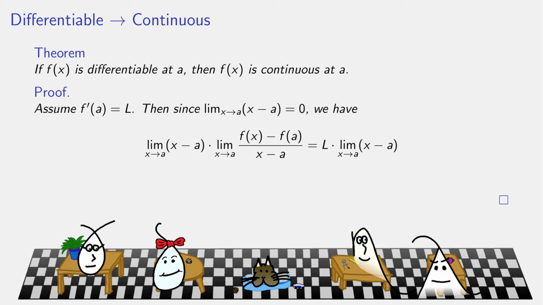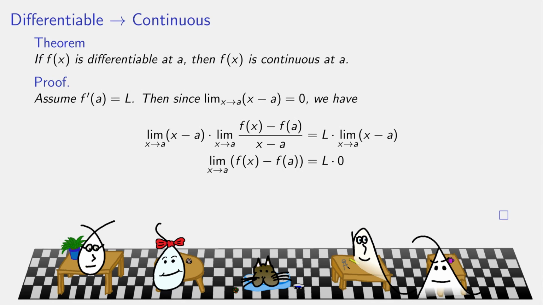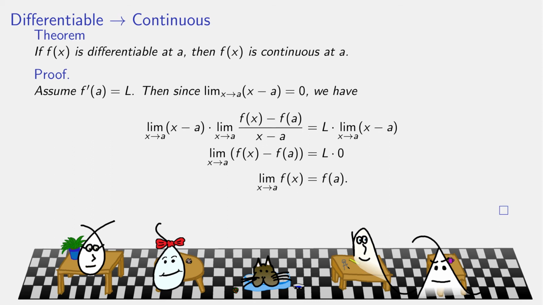Multiply both sides by the limit as x approaches a of x minus a. Now on the right-hand side, we just get L times 0. But on the left, since both limits exist, the limit of the product is the product of the limits. And then I can cancel out those terms, x minus a over x minus a. And therefore, the limit as x approaches a of f of x minus f of a is 0.